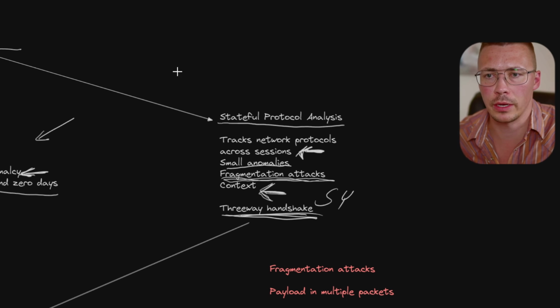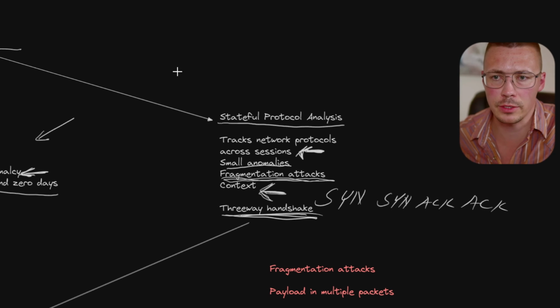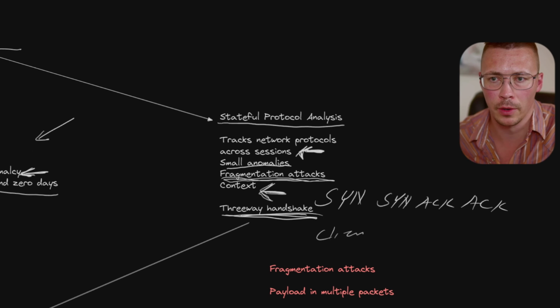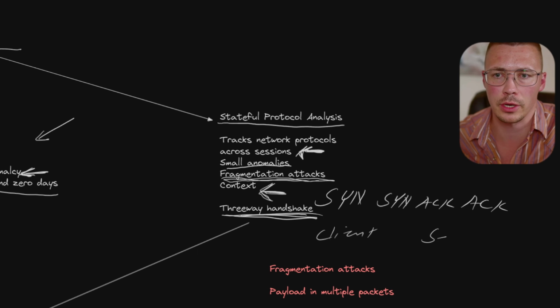In a three-way handshake, you have a synchronize packet, then a synchronize-acknowledge, and then an acknowledge. Let's take our client here, who is trying to establish a TCP connection with a server. This first step starts off with the synchronize.